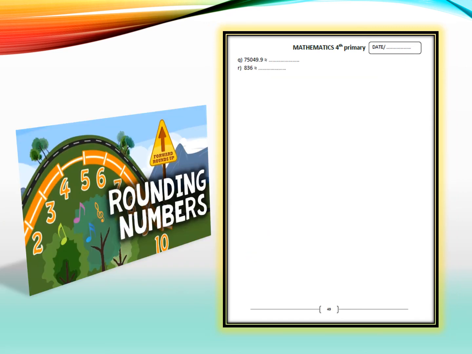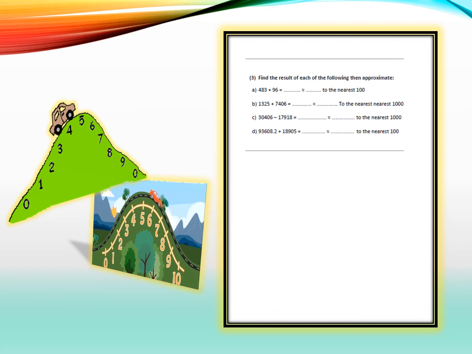Let's take 483 plus 96. If we make the addition, 3 plus 6 equals 9, 8 plus 9 equals 17, so 7 and carry up 1, 1 plus 4 will be 5.